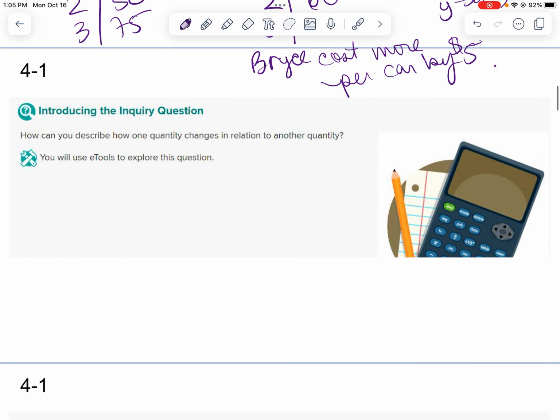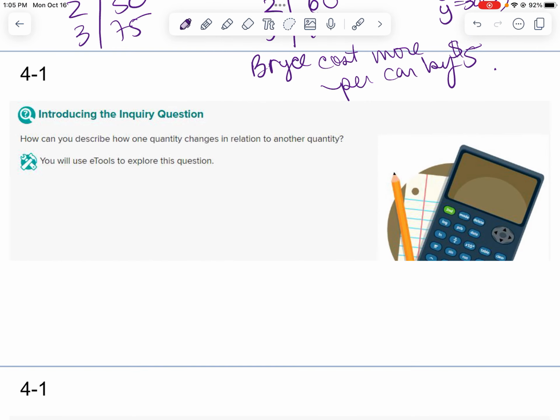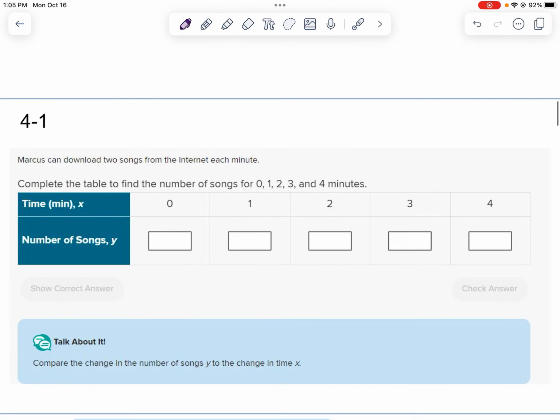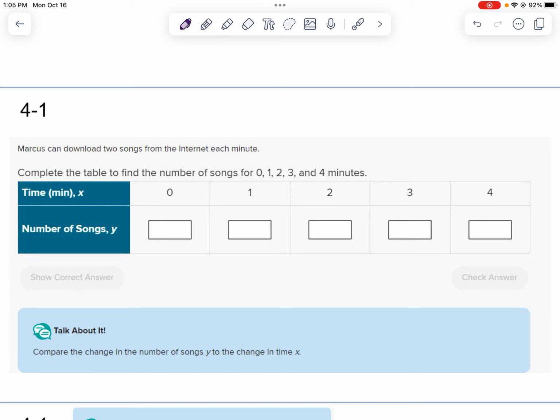Okay, so next, how can you describe how one quantity changes in relation to another quantity? So I look at this. Starting off, it says, Marcus can download 2 songs from the internet each minute. So at 0 minutes, he doesn't have any songs.